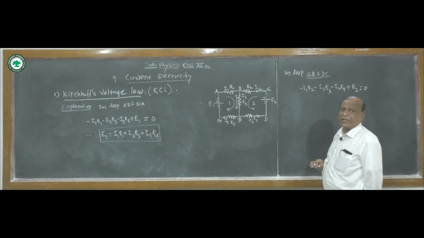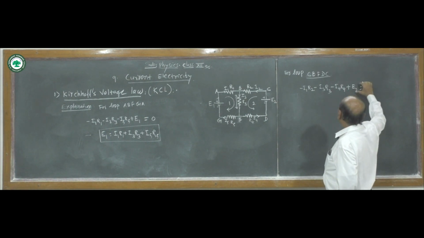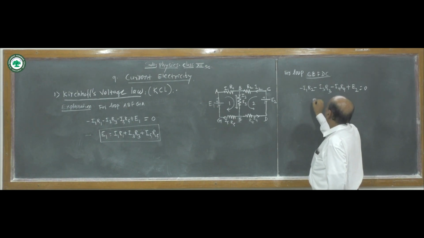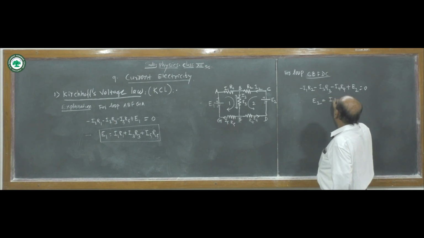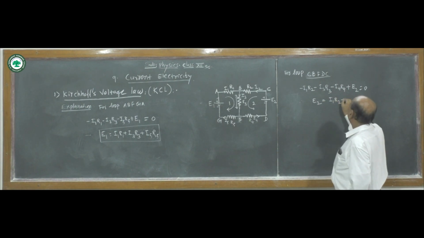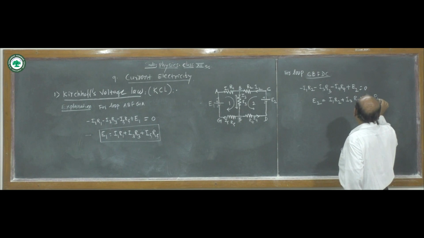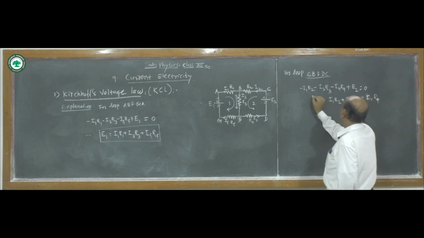According to the sign conventions, this E2 becomes positive, and therefore the value of E2 is I1 R2 plus I3 R3 plus I4 R4.